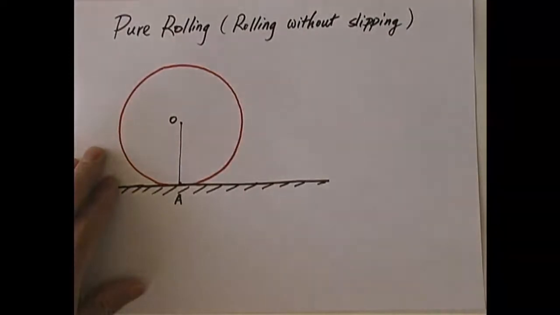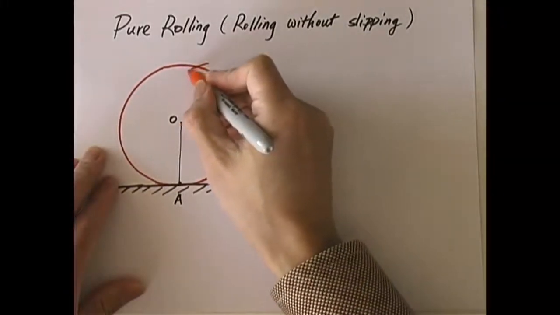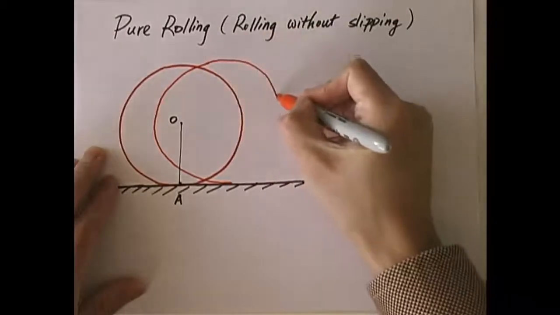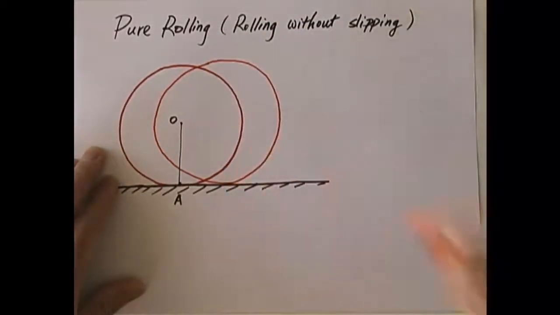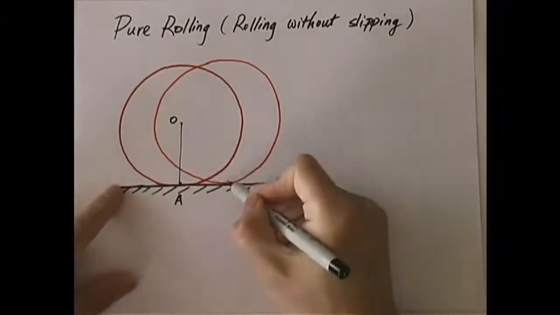A little time later, the object rolls to a new position, which is here. So the new contact point with the ground is now what we call A prime.